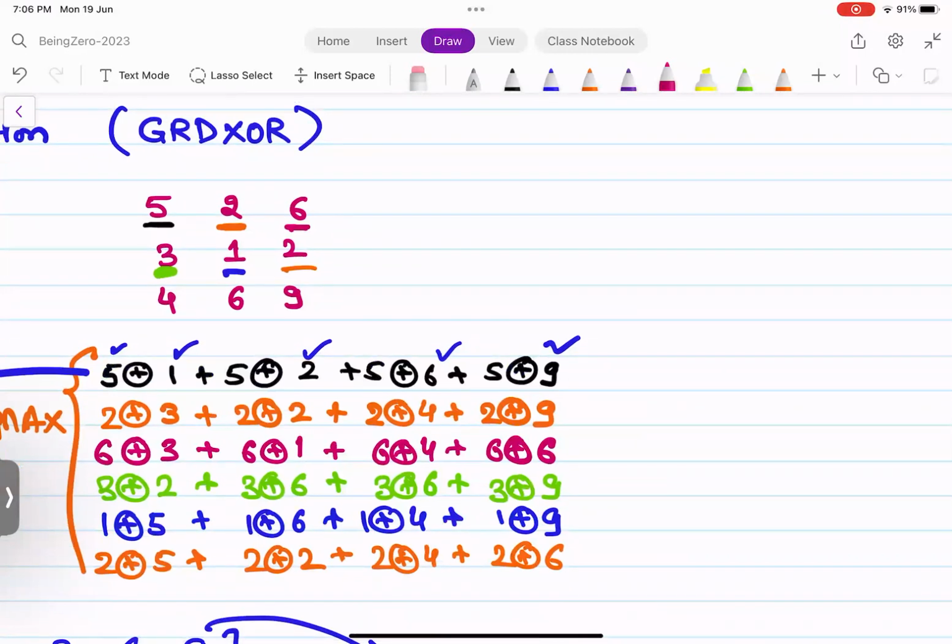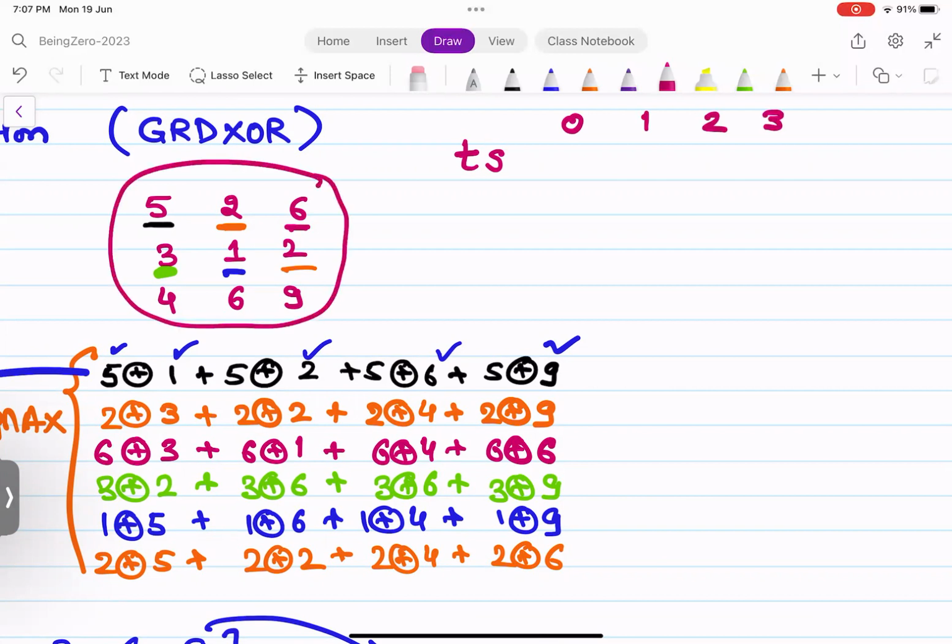First of all, I want to know how many total numbers there are with a bit position as set: the 0th bit, first bit, second bit, third bit. In this matrix, let's do the counting.